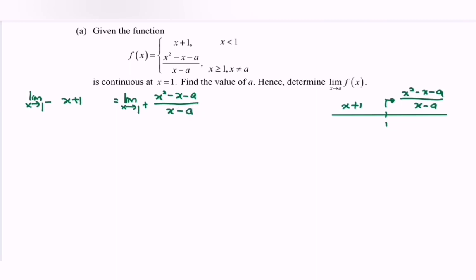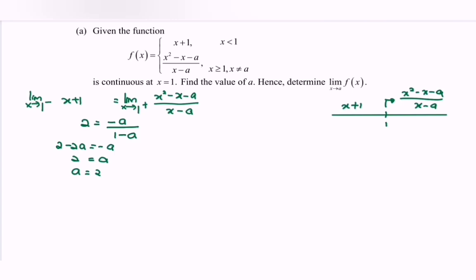Kindly substitute the value 1 and we will have 2 on the left, equals, 1 minus 1 which is 0, so here we have negative a over 1 minus a. Kindly cross multiply and we will have 2 minus 2a equals negative a. Finally, rearranging, we have 2 equals a. Rewrite, a equals 2.